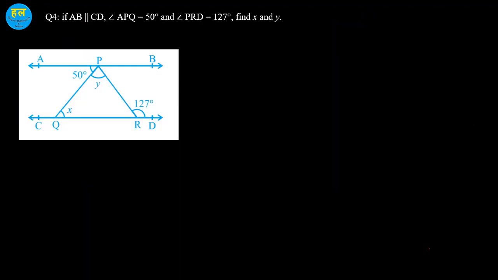Next question. Question number 4. In the figure given below, if AB is parallel to CD, angle APQ is 50 degree and angle PRD is 127 degree, find X and Y. So what is given in the question? This line AB is parallel to CD. Angle APQ is 50 degree. That means this angle is 50 degree.